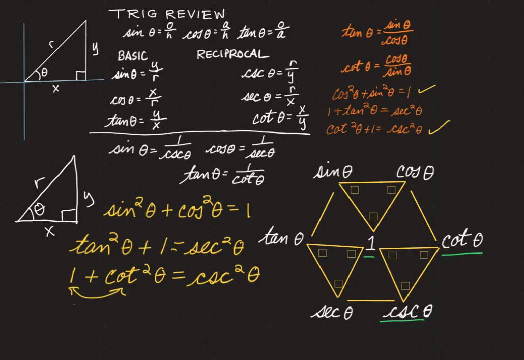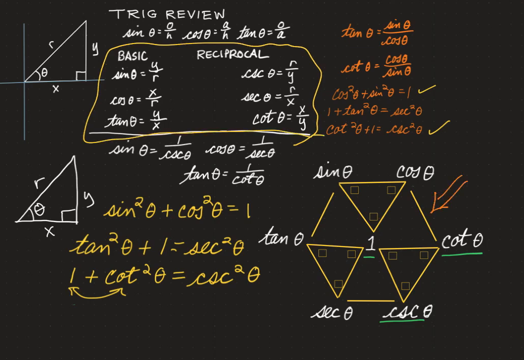Please understand that this handy hexagon is just a mnemonic device. It does not prove the identities. The identities are derived or proved from the definitions of the basic and the reciprocal trig ratios. And that's what we have right here. Everything flows from that.